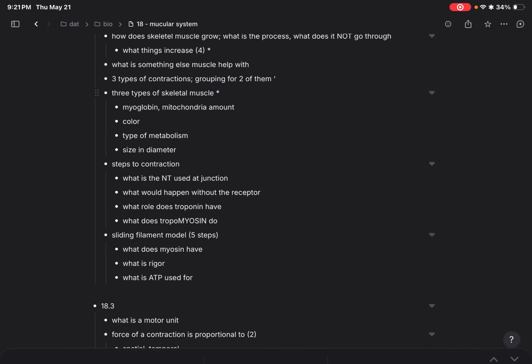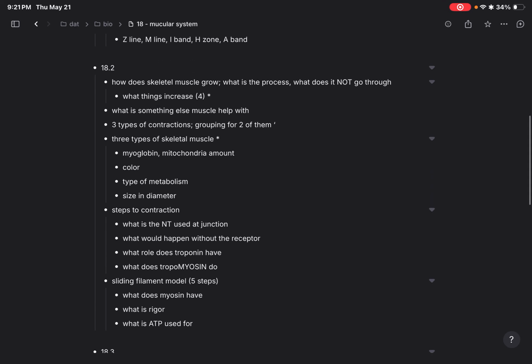Okay, oh wait, I literally have it right here. To classify them, we have type 2A, which is going to have an intermediate amount of myoglobin and mitochondria, an intermediate pinkish color. They're going to do some aerobic and some anaerobic, and they're going to have an intermediate diameter. So it's just the middle ground. Then we're going to have type 2B.